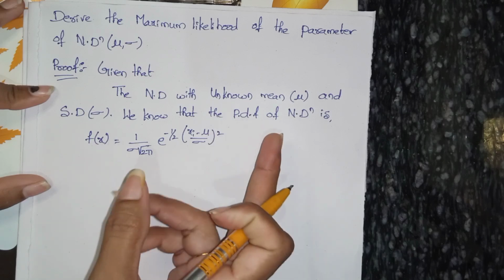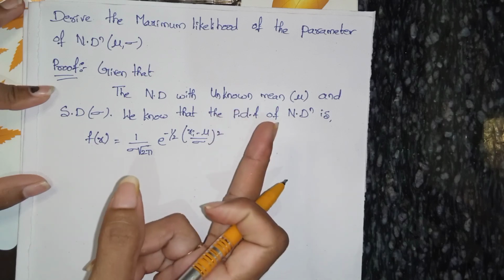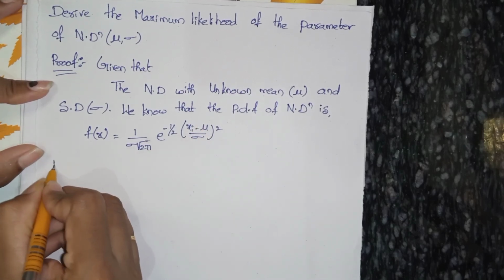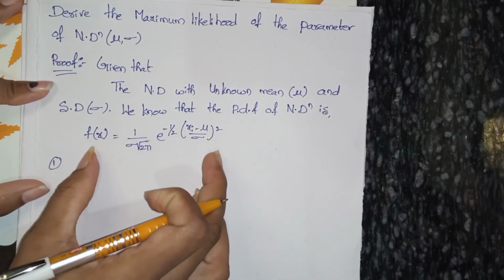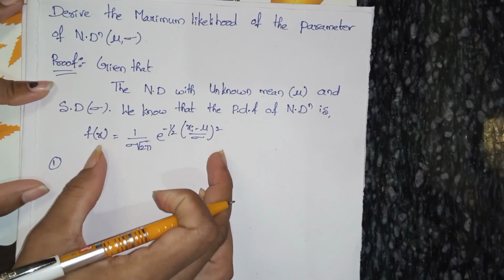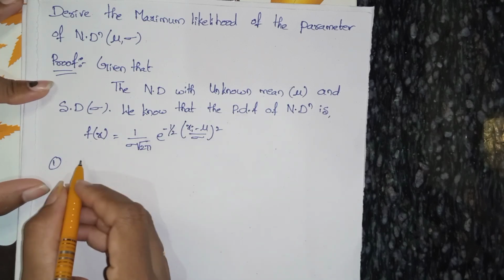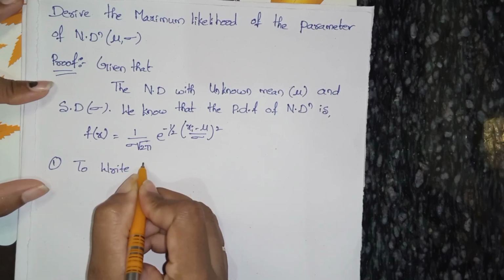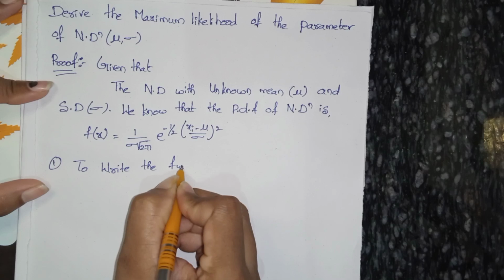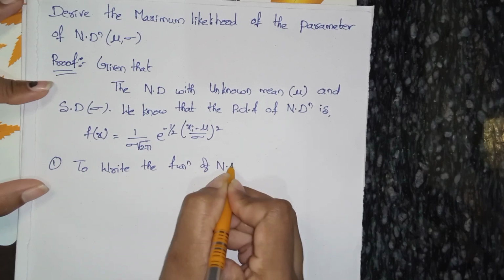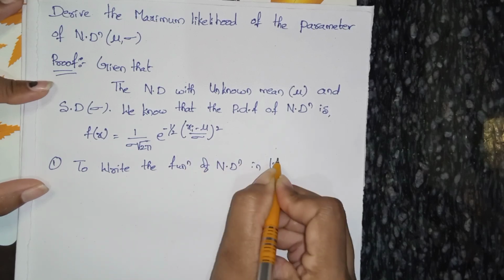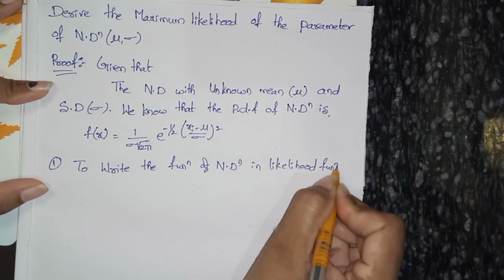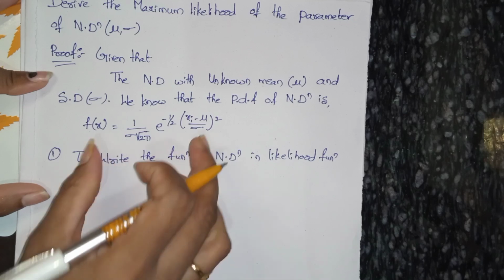By using this we are going to find the value of mu and sigma. The first step is to write this PDF of normal distribution as the maximum likelihood function, or likelihood function, which we denote with L.